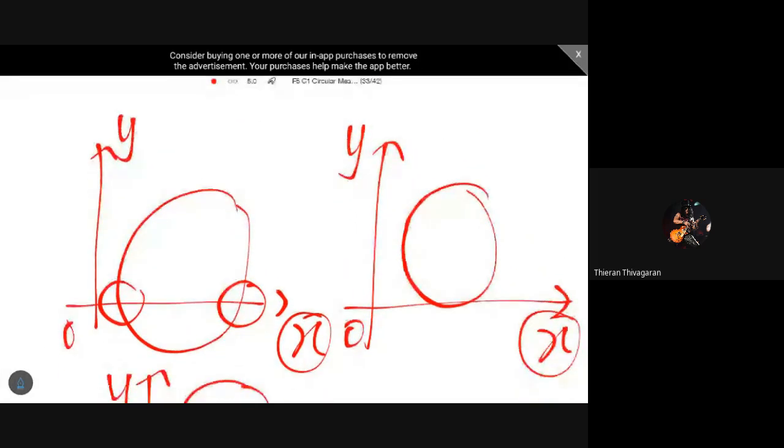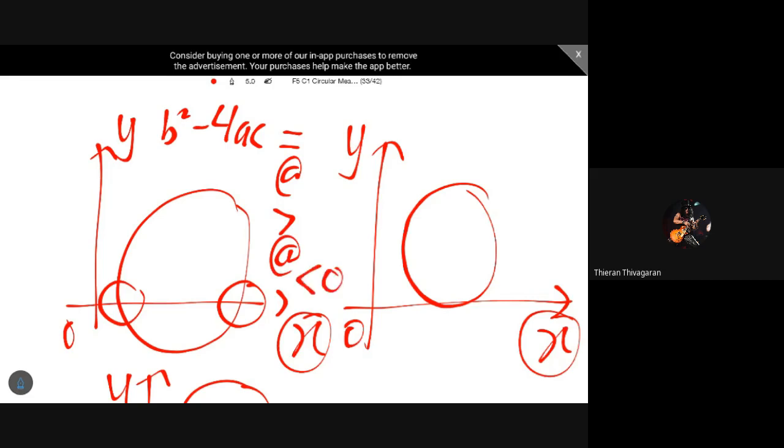So do you say b squared minus 4ac is equal, greater or less than 0? Can you tell me guys, option yang mana betul? Kalau ada dua titik persilangan, very good. You all still remember, bagus. Greater than 0. Okay, this is your answer, because 2 points. Satu kat sini, satu kat sini.